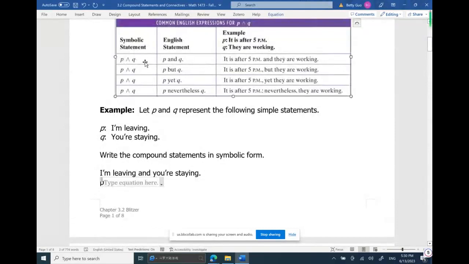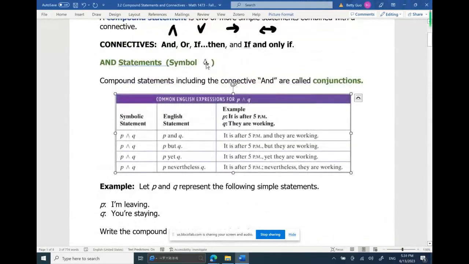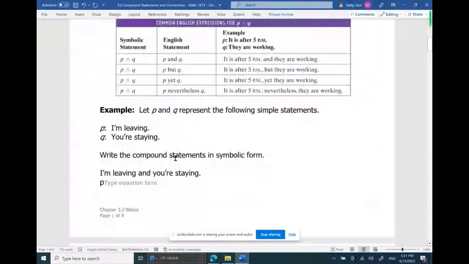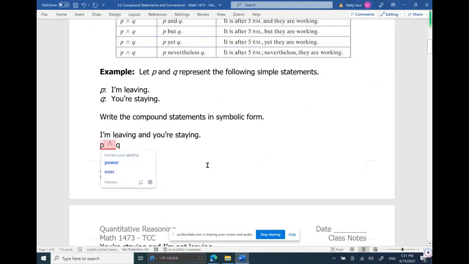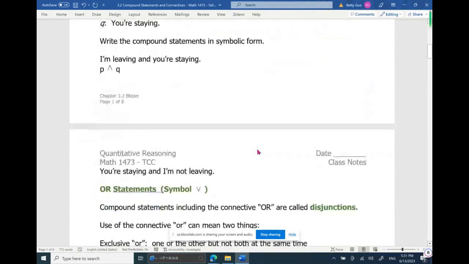Nope, it doesn't work. Copy paste this one. P and Q, right? I'm leaving and you are staying. So we use a conjunction to connect P and Q.